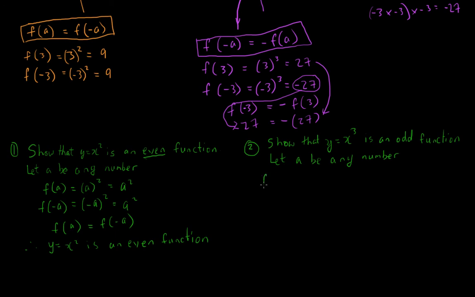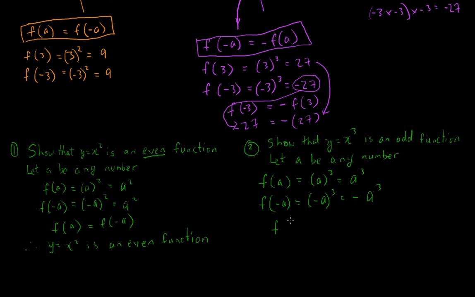So now we want to find the function of a. Now remember, y is equal to x cubed, so then this is just a cubed. We want to find the function of the negative value, minus a, so then this is minus a all cubed. This is equal to minus a cubed. And you can see here that these two are not the same.